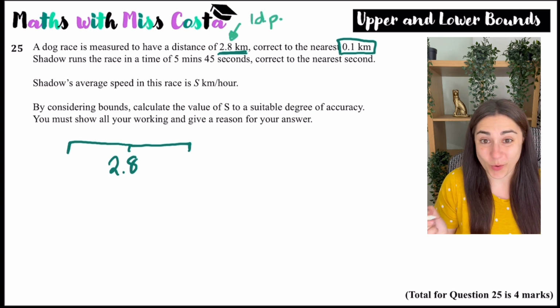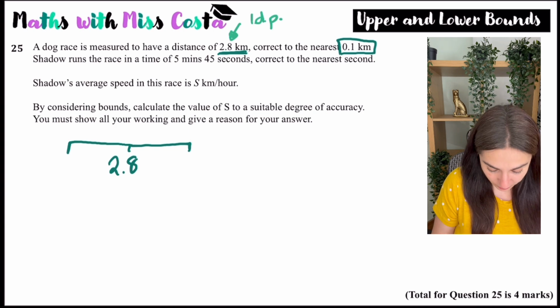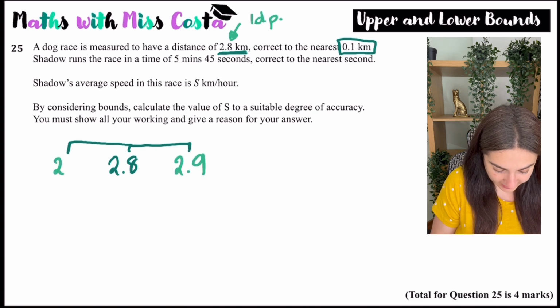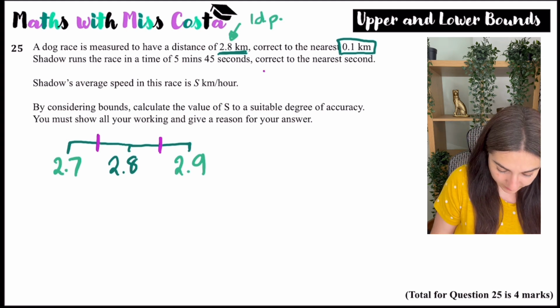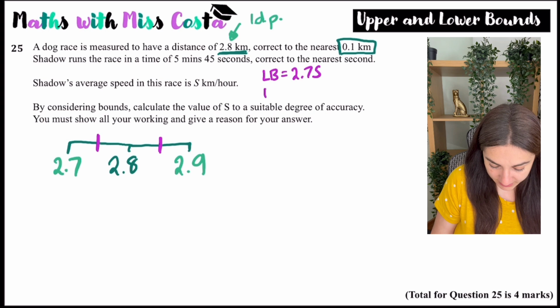So it's literally, what are the decimal places surrounding 2.8? That would be 2.9 and 2.7. Now the bounds, that would be the midpoint, okay? So the minimum value, it could be, the lower bound would be 2.75 and the upper bound would be 2.85.